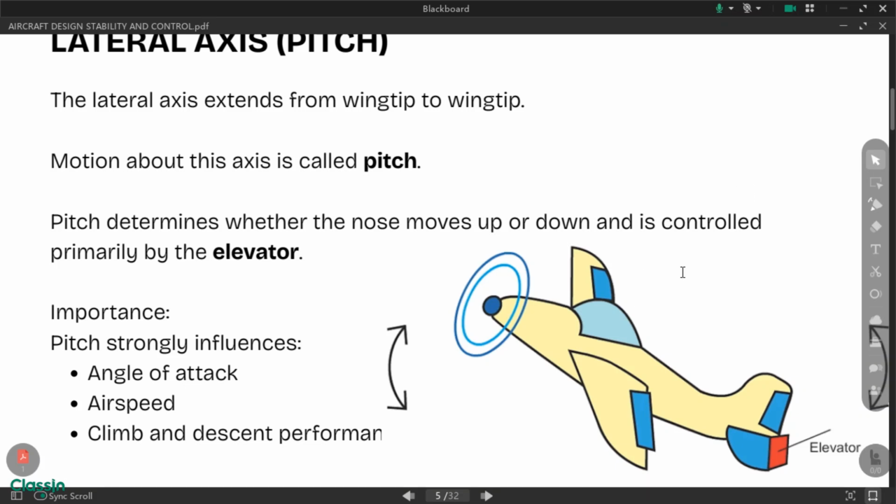Okay? Kasi a change in angle of attack would influence yung ating lift, yung drag, yung airspeed, yung climb rate, yung stall characteristics. Okay? So, yung pitching na to, yun nga, it has a strong influence on the overall aircraft behavior.